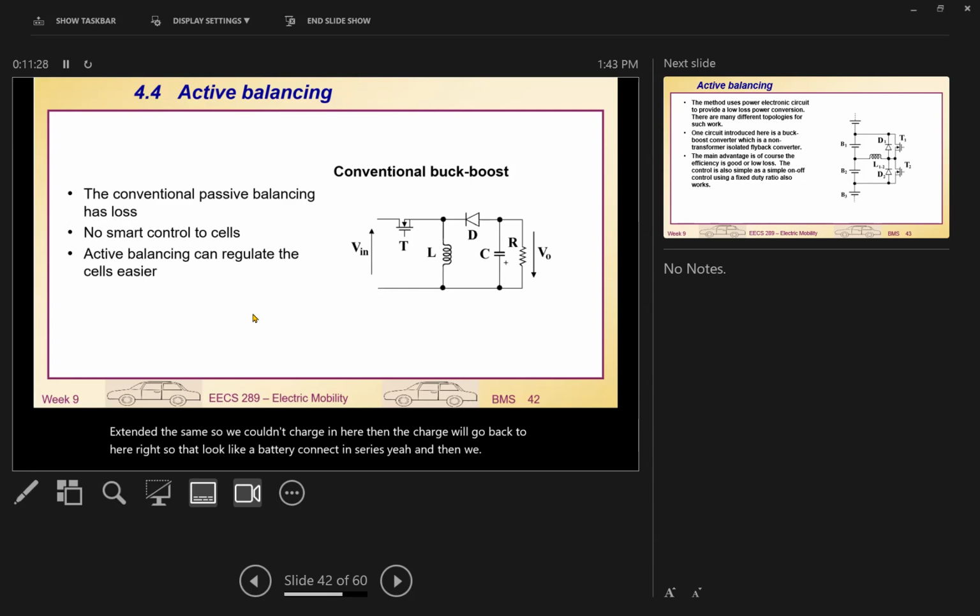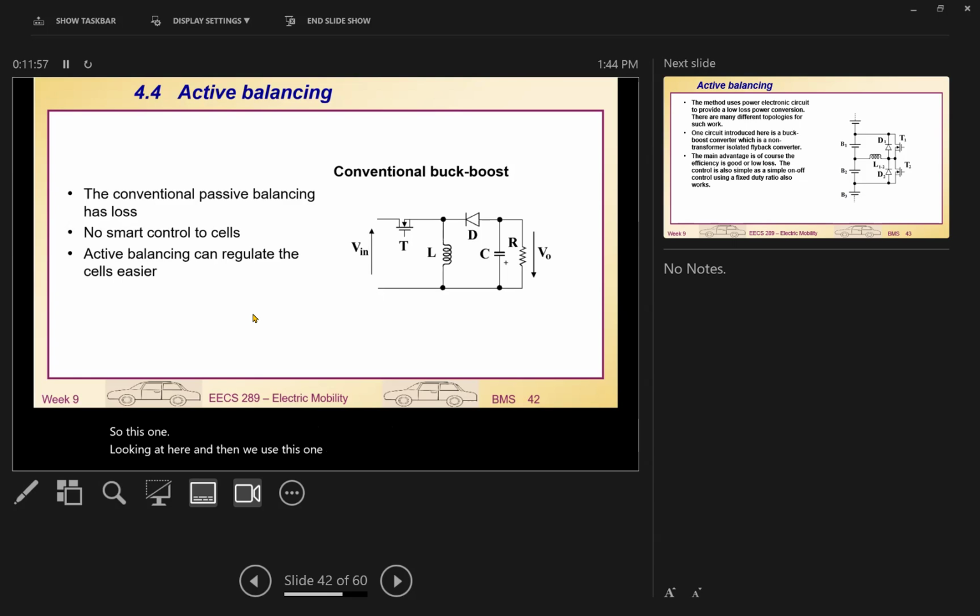Let me draw it better again. Of course, there's a MOSFET. You see, all power MOSFETs have their own diode inside. So this one loops in here, and then we use this one looping here.